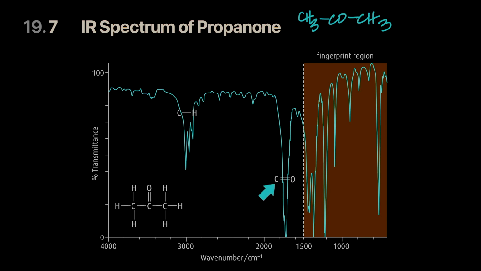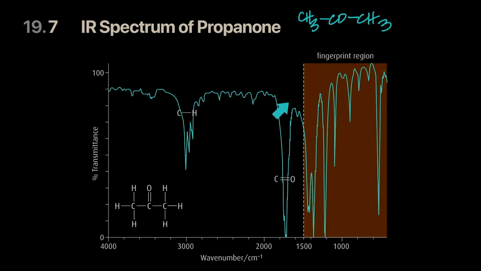Now these drops are basically the radiation the molecule is absorbing. Because the molecule had a C double bond O, it absorbed certain radiation corresponding to this wave number. If the propanone did not have the C double bond O, then this would have just continued. It would not have absorbed it, it would have transmitted it. Transmission is basically what passes through and comes back out.